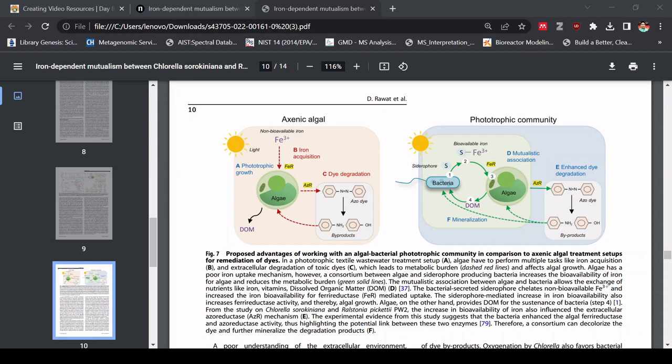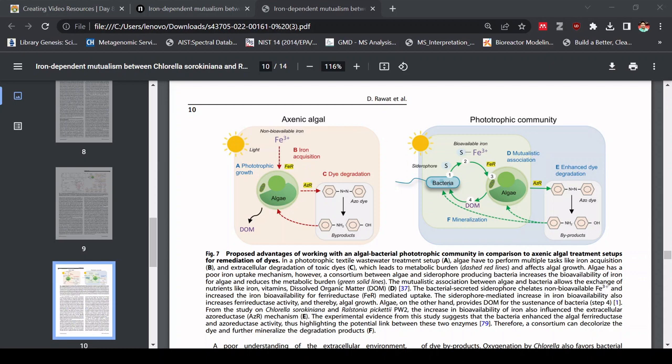Now when both of these organisms grow and flourish in that environment, they can easily take care of the pollutant in question. In my research I have demonstrated how algae and bacteria together can also degrade dyes in a much better manner, because the enzymatic pathways that were responsible for the better iron uptake were also responsible for the degradation of the azo dyes.